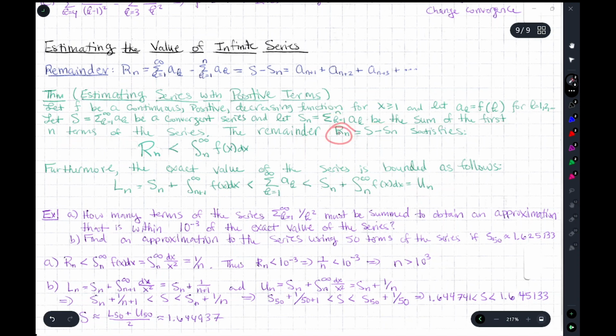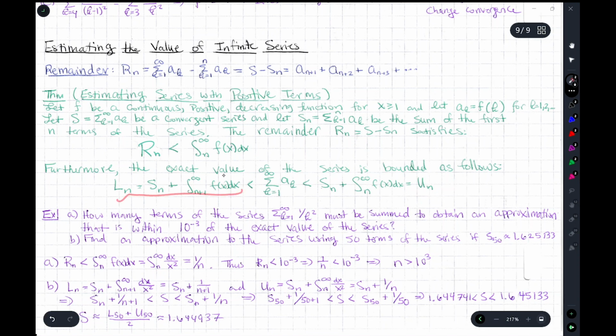The remainder, which we have above, satisfies this relation: the remainder is going to be strictly less than the integral from n to infinity of f(x). Furthermore, the exact value of the series is bounded as follows.